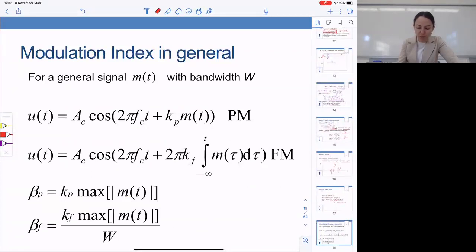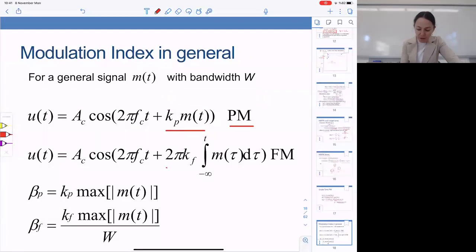So in general, the modulation index can be viewed for PM and FM together. In PM, we have k_p m(t) coming as a phase term.